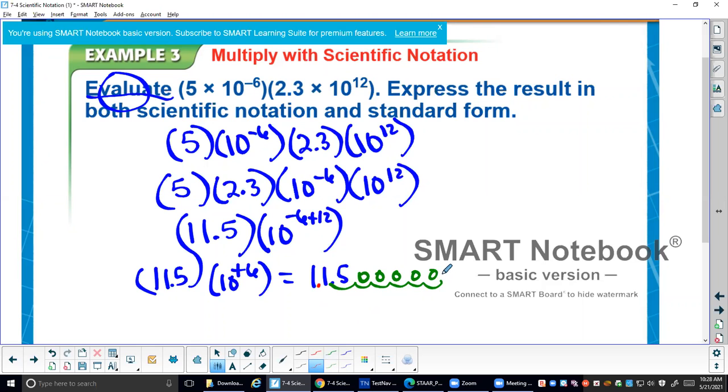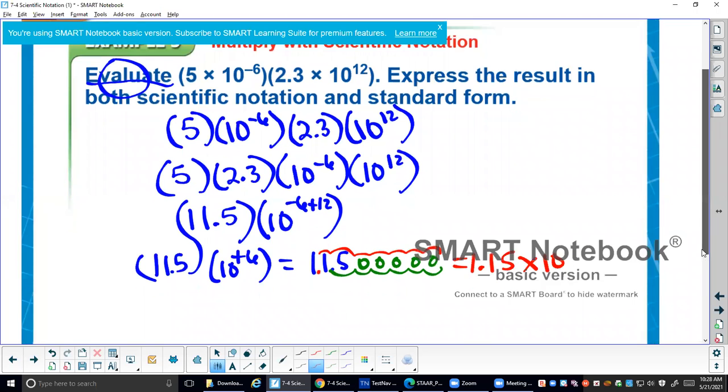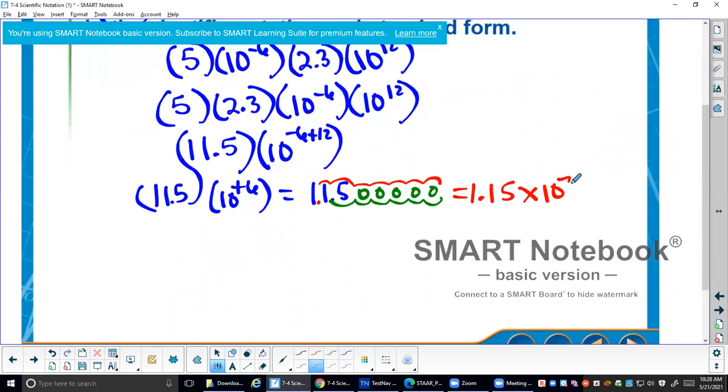And that means that I'm going to move it 1, 2, 3, 4, 5, 6, 7. So that's 1.15 times 10 to the power of 7, right? That's one way. You could do that. But you could recognize, hey, you know what? I'm right here. This is the same as this.